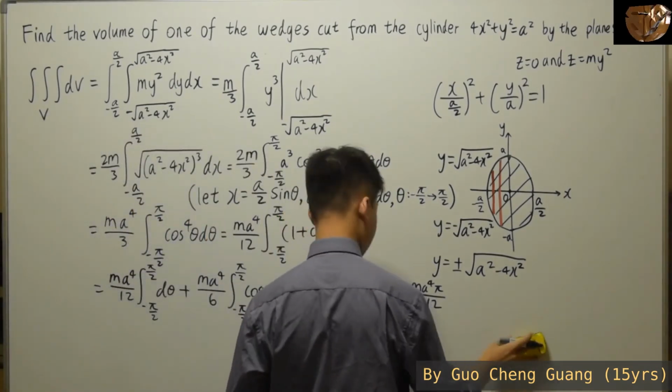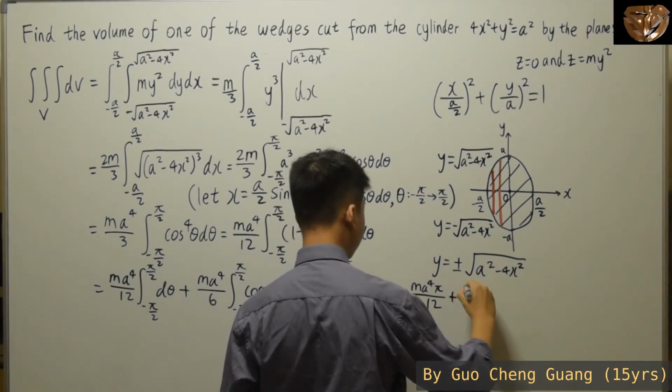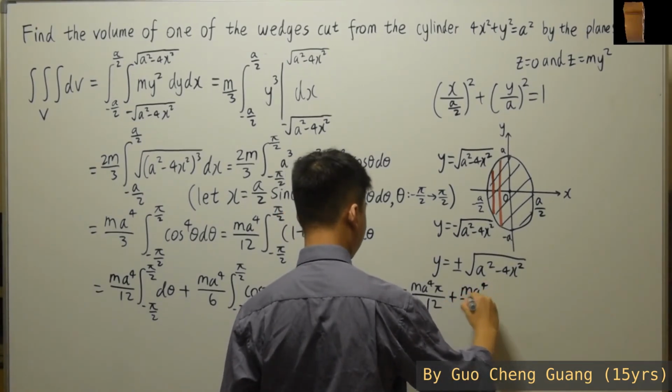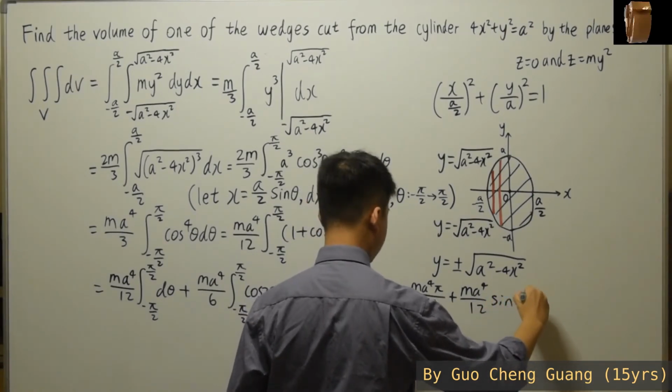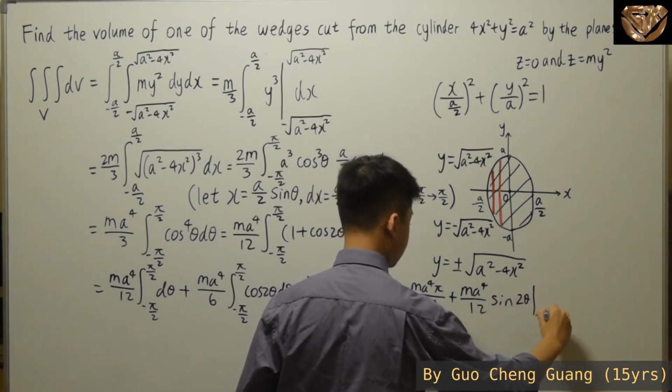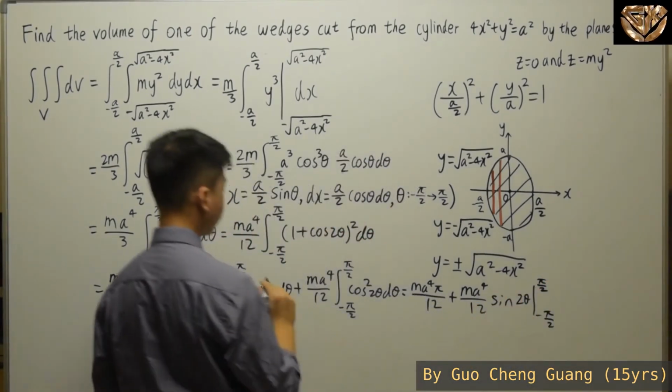So you will see, add on ma to the power of 4 over 12 sine 2 theta, substitute negative half pi and half pi.